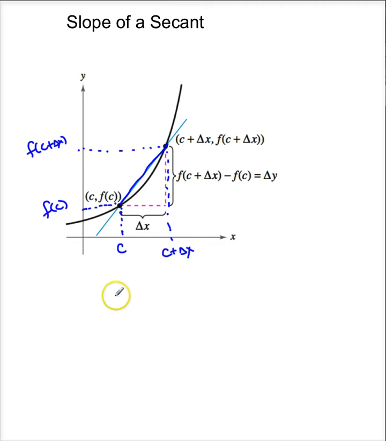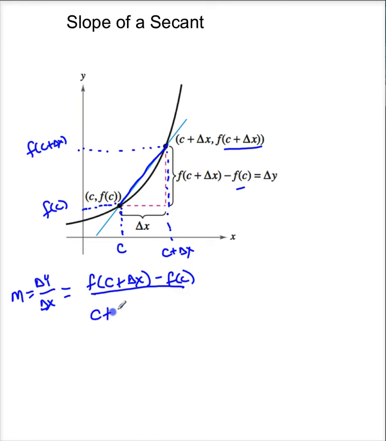Well, the first thing you always have to find is the slope. Now remember, slope is rise over run, change in y divided by change in x. So let's see what that is for this curve. I always learned it was y2 minus y1 divided by x2 minus x1. So y2 is f evaluated at c plus delta x minus my functional value here, which is f evaluated at c, divided by, now what is this distance here?